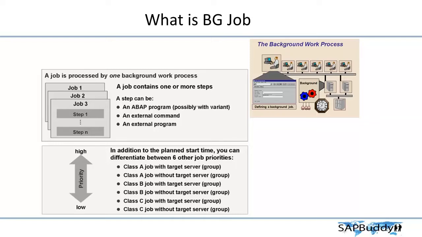In that case, you can also run this program from inside SAP. You can execute the external command, maybe an FTP command, and send it somewhere else. Okay, that is possible. So the steps can be an ABAP program, or an external command, or an external program.